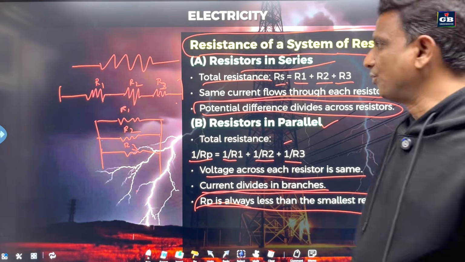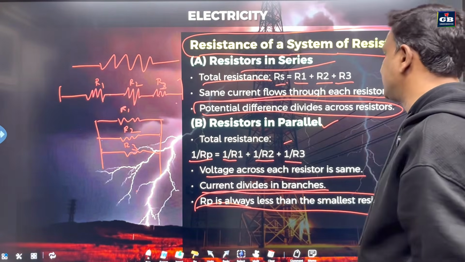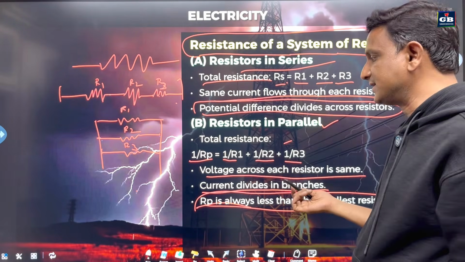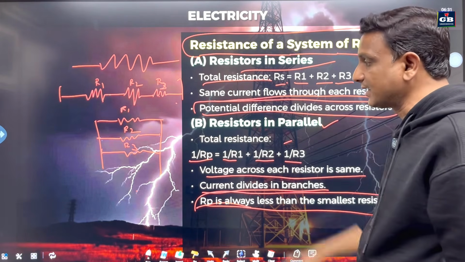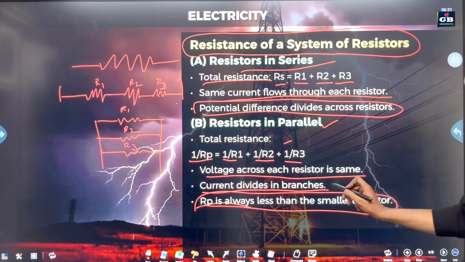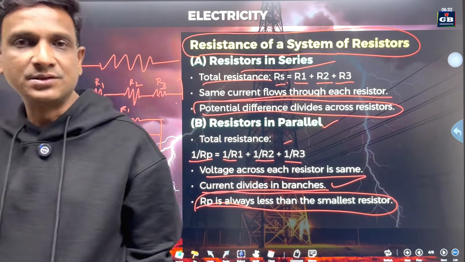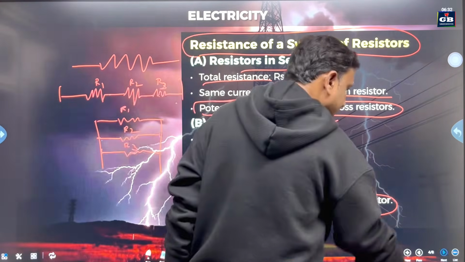So when the resistors are attached in series, what divides? Voltage divides, the potential difference divides. But when they are connected in parallel, what divides? The current divides in branches, but the potential difference, that means the voltage, remains the same. Okay, that is the difference.